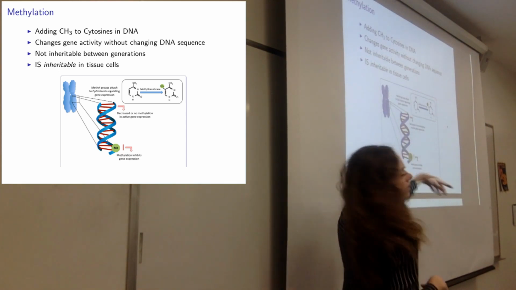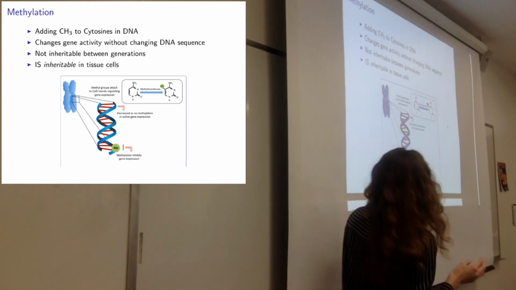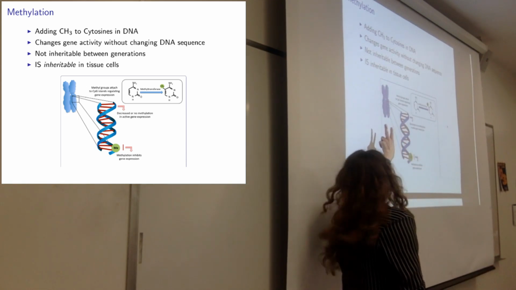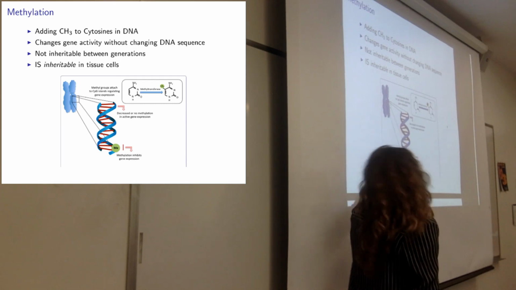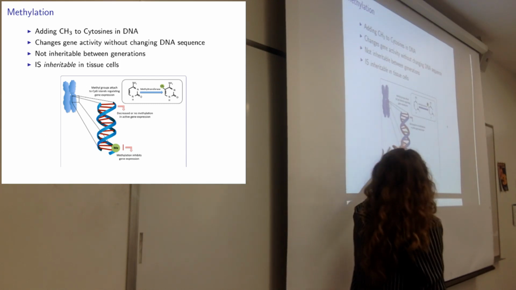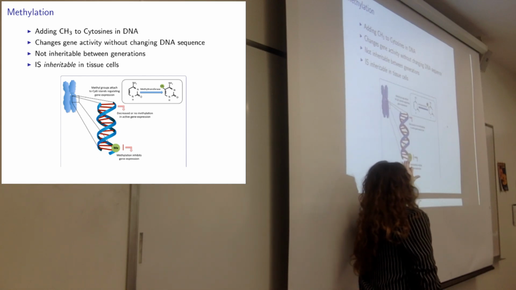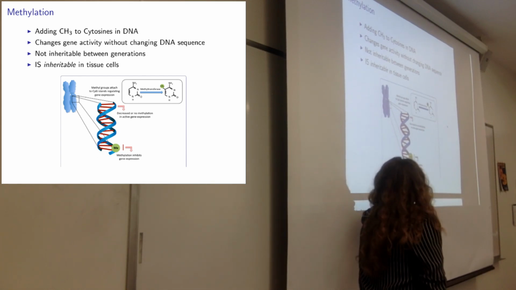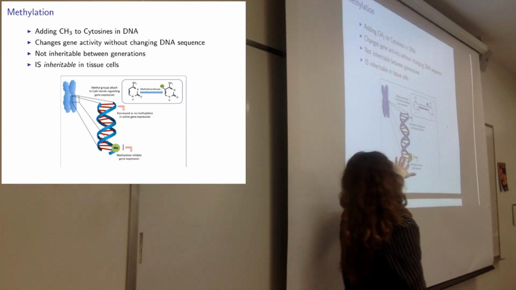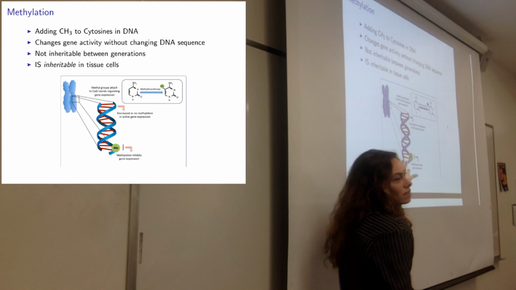So this little diagram just shows you, like, not really what it looks like, but what it kind of looks like. So you have these blue chromosomes, and if you super zoom in, you have this DNA, which is obviously red and blue in real life. And down here we have this methyl group, which is just amine. And if you have this methyl group on a gene, or on a C, it usually inhibits gene expression.